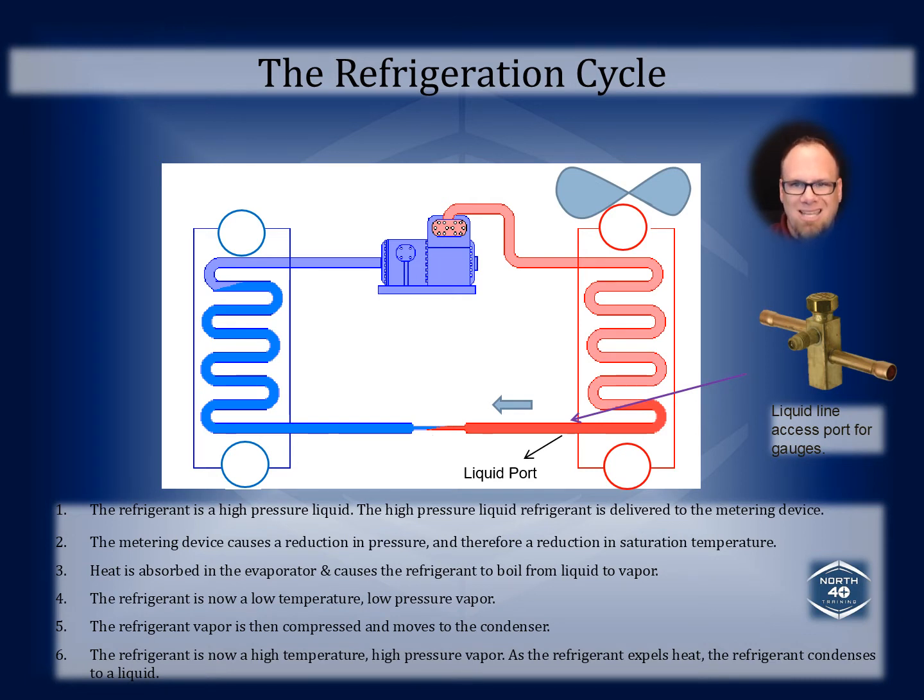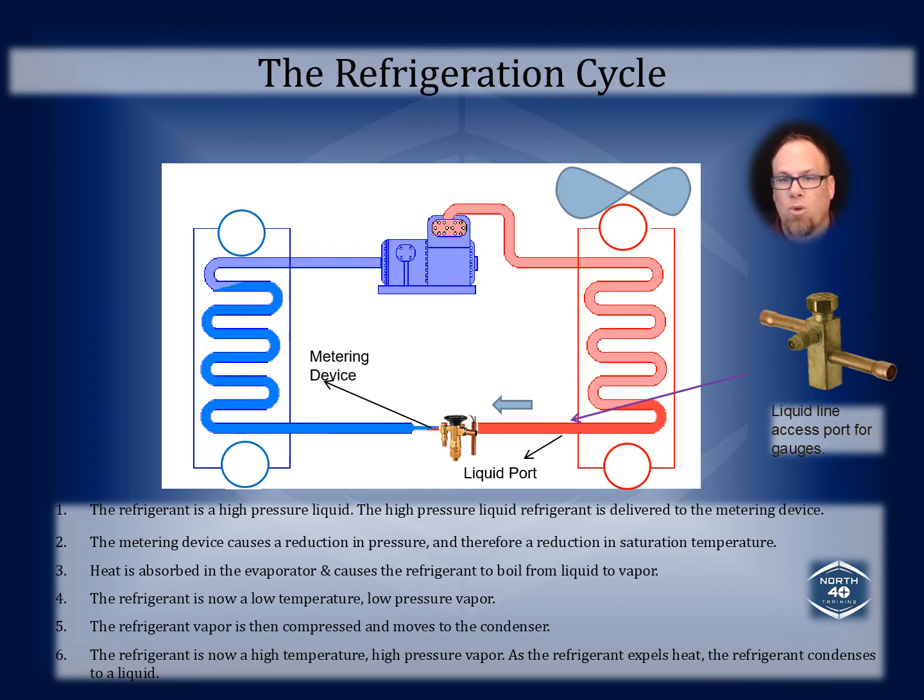And that leads into our next segment, which comes after the line set, which gets to the metering device. What happens there at the metering device? It's magic, right? Well, think about it. We've got a solid column of liquid traveling down that liquid line. Once it gets to the metering device, the whole purpose of that metering device is to change pressures, right?